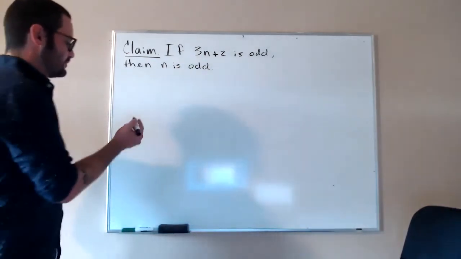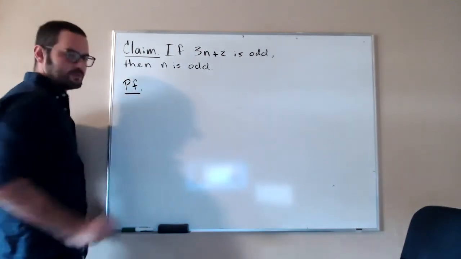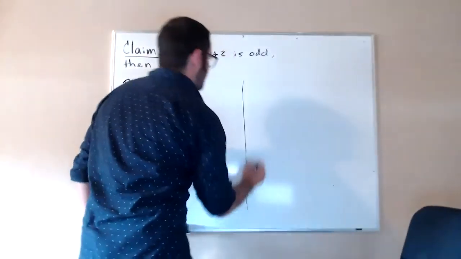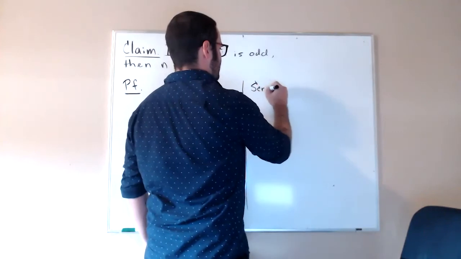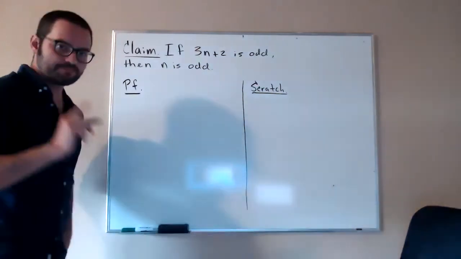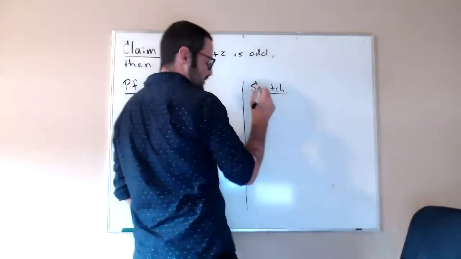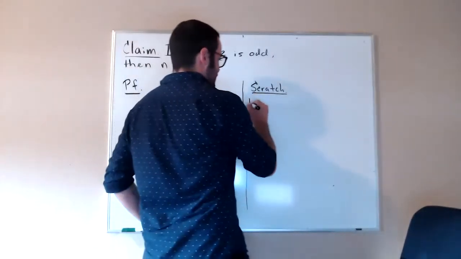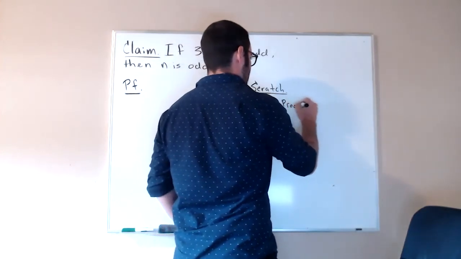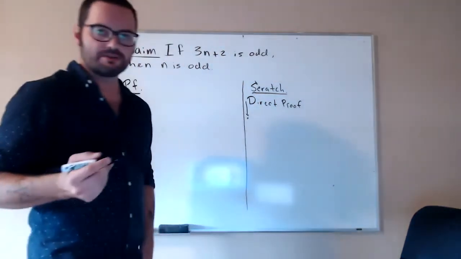So let's consider how we prove this. As I mentioned in my previous lectures, we have the formal proof, which I'll write on this side of the board, and then my scratch work, I'll write over here. Now, if you tried to prove this in a direct manner, we assume the hypothesis to be true.